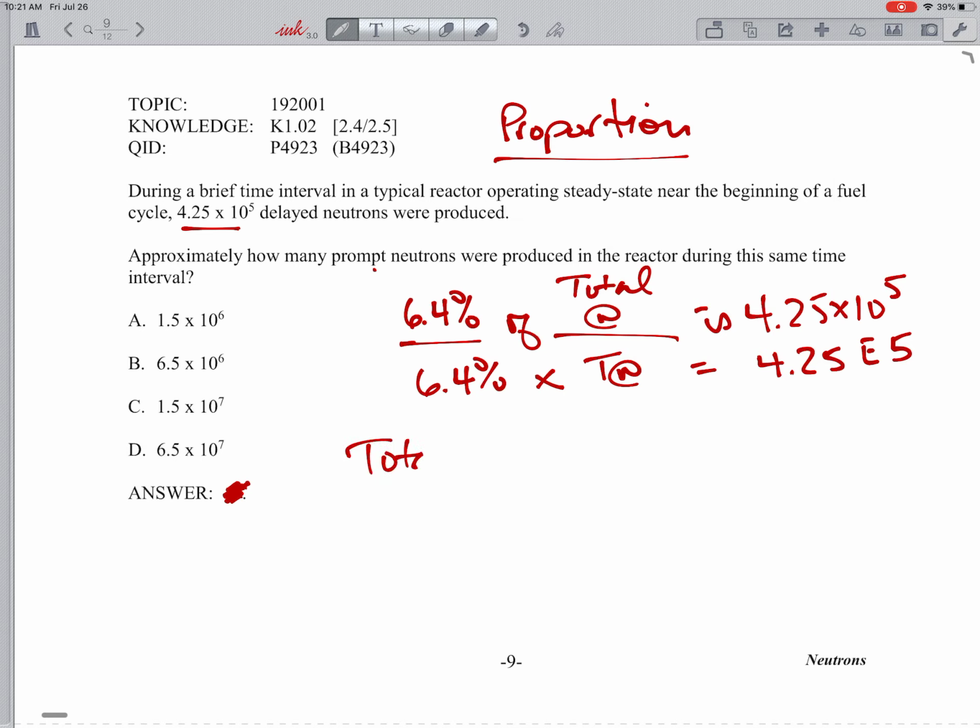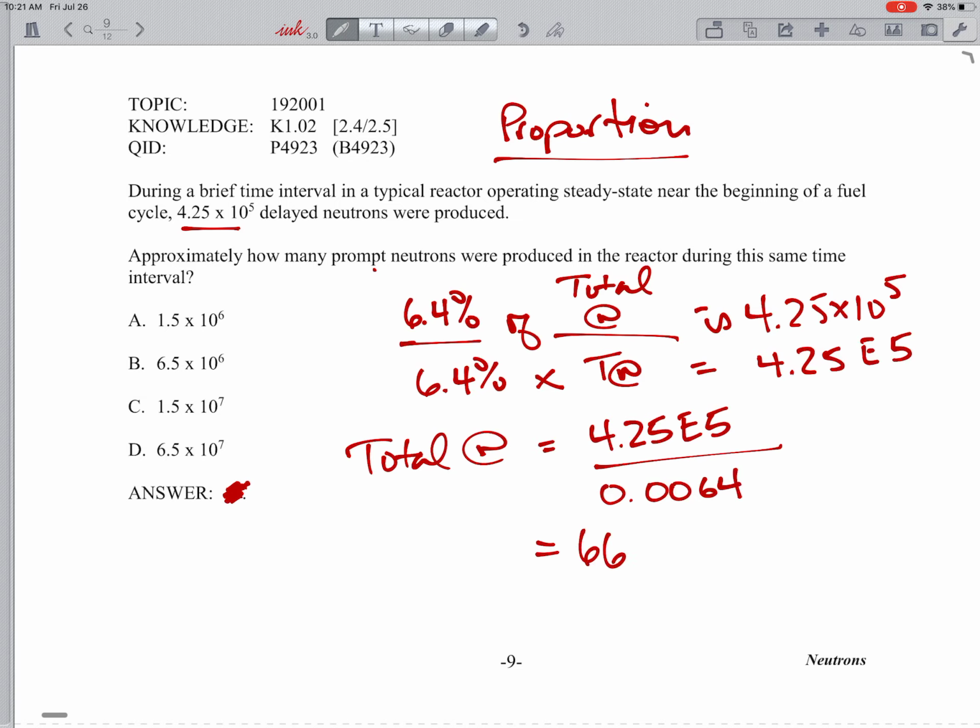So total neutrons are going to be equal to 4.25 times 10 to the 5th divided by 0.0064. Look that up. 4.25 e to the 5 divided by 0.0064. And that is going to give you 66,406,250.